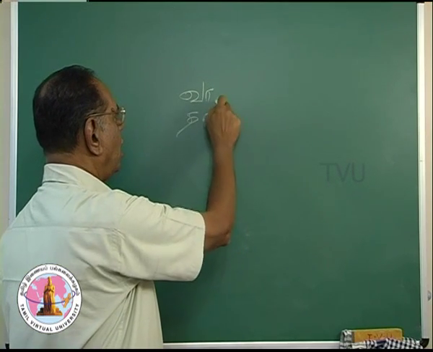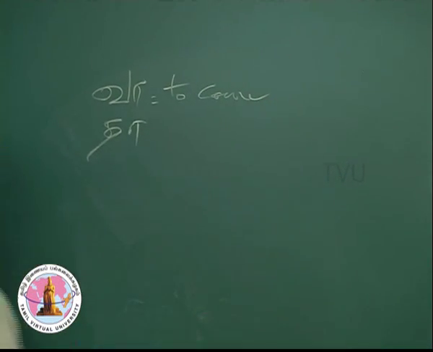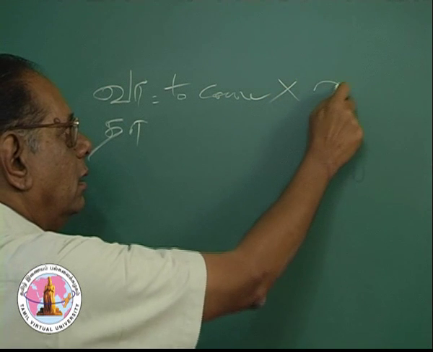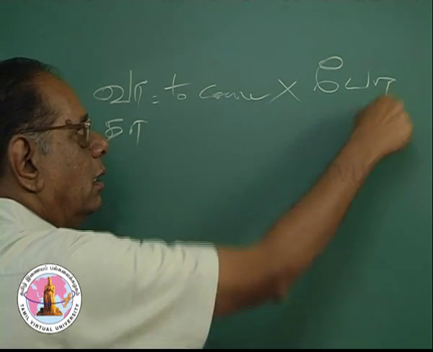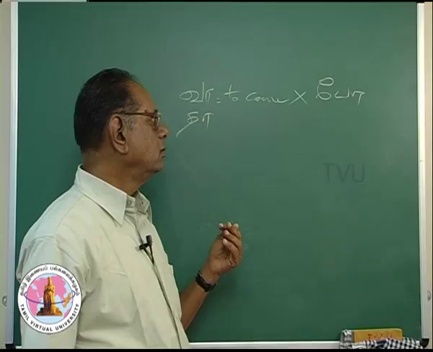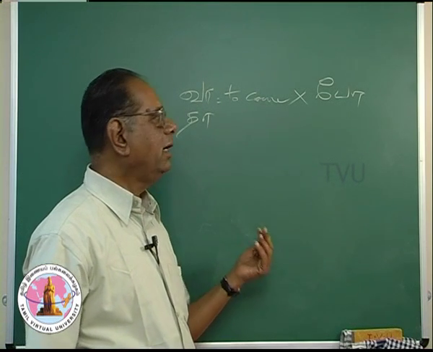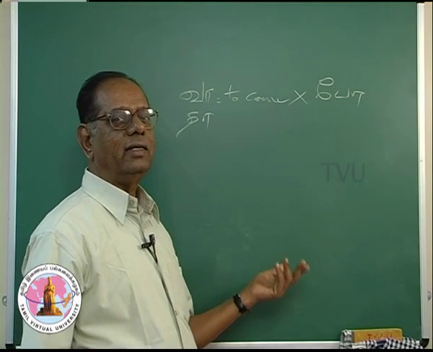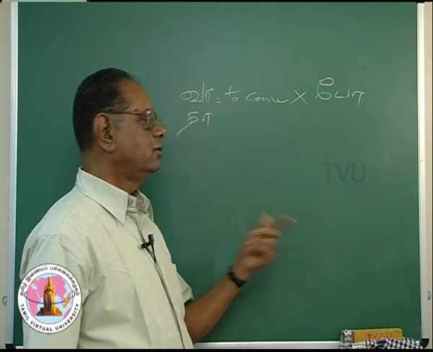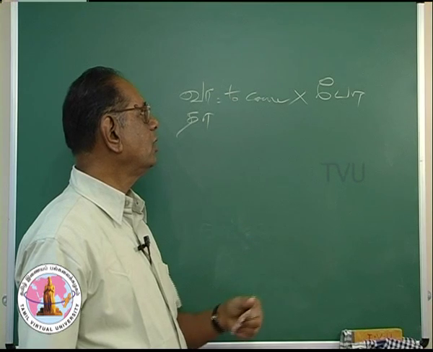One is va. You know va is to come, and what is the opposite of it? See, you have to start practicing reading and writing of these letters and words, so that you can remember them and use them in future.